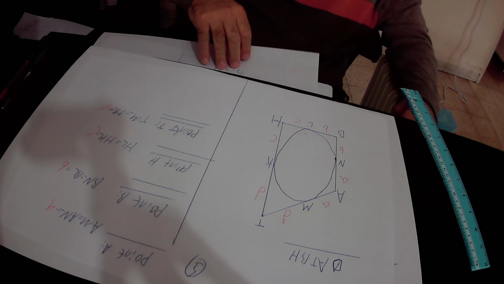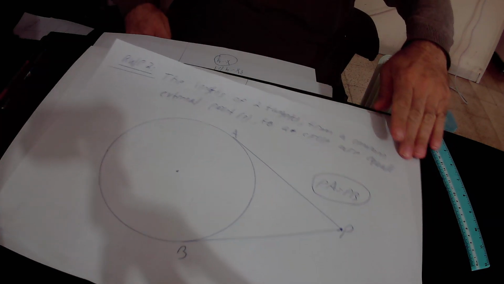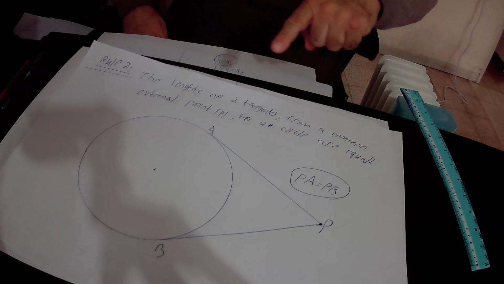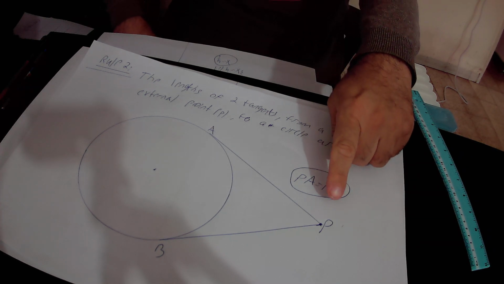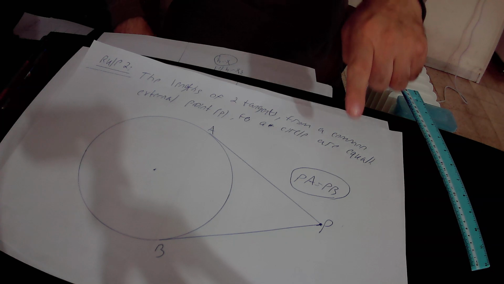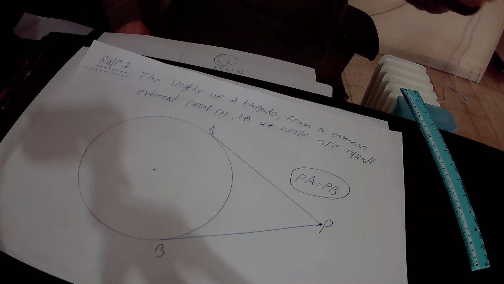Then I presented to you rule number 2, and we implement rule number 2 in our drawing. According to rule number 2, the lengths of two tangents from a common external point to a circle are equal. We have the common external point P. From P we have two tangents to this circle, tangent PA and tangent PB, and according to rule number 2 they must be equal to each other.